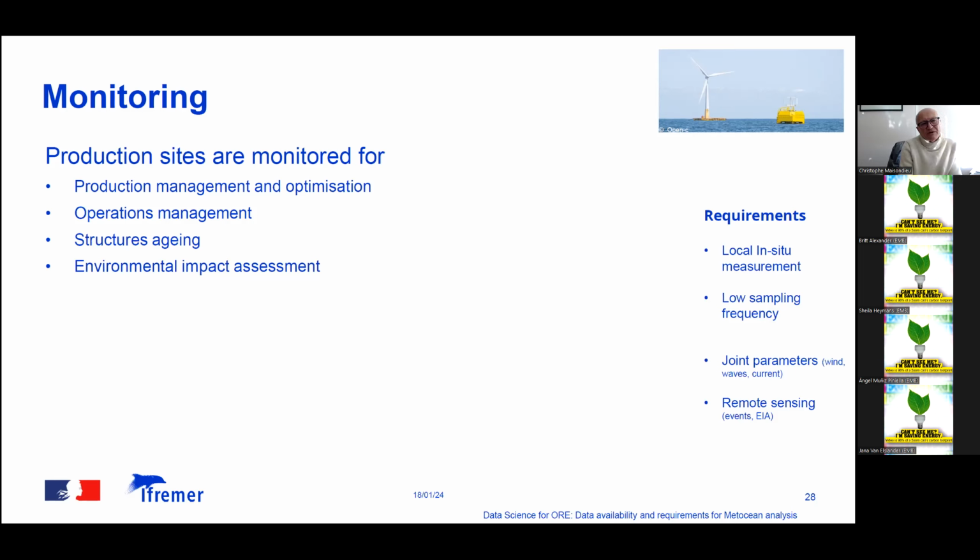The requirements here are local in situ measurements, where we don't really need as high a sampling frequency as for the other activities, but we will need information on the joint parameters, wind, waves, and current, and we can make use of remote sensing here again for the study of specific events, and also for environmental impact assessment.